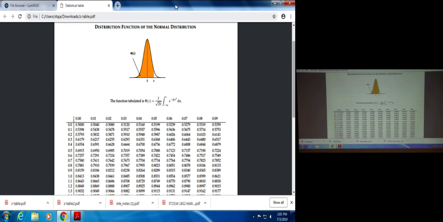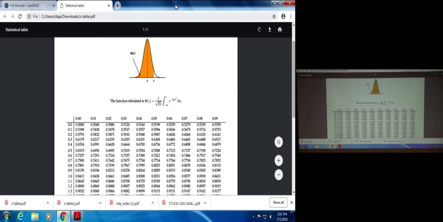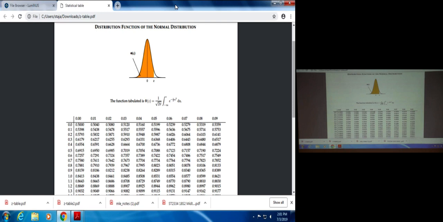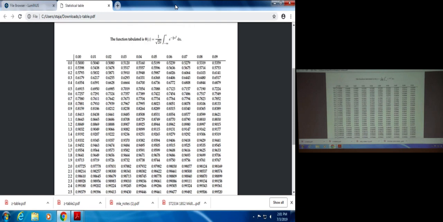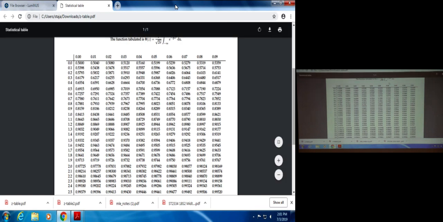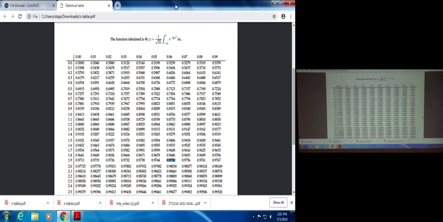Similarly, if you're interested in the value z equal to 0.04, then the probability that you're less than or equal to 0.04 is 0.5160. And if I give you the value z, which is 1.96, the probability that you're less than or equal to 1.96 is 0.975. So this is how you use this table.